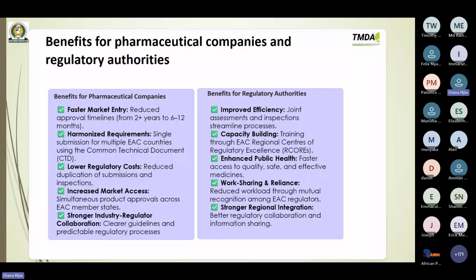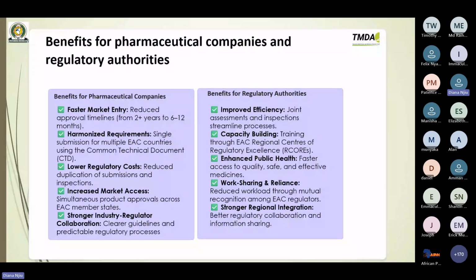Even the regulators benefited from this pathway because the regulatory processes are clear and streamlined, and the same methodology has been adopted by those countries. For instance, those who had no systems earlier managed to put their systems in place. Through work sharing, efficiency was improved through the joint assessments and joint inspections, which involve 2 or 3 or more NRAs from different states.